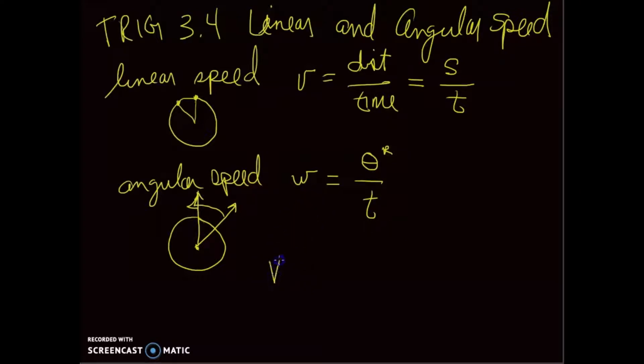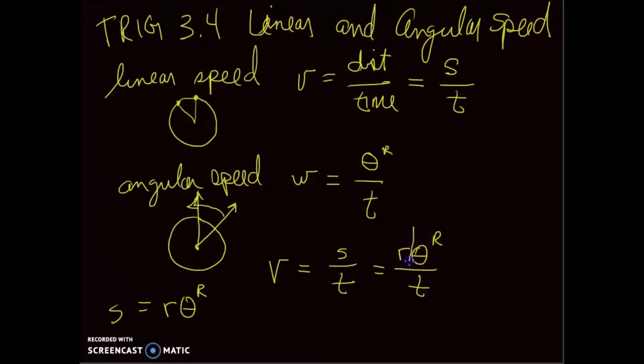Because this velocity, linear velocity, is s over t, and remember s, this is one that we should keep in mind, equals r theta. Here theta must be in radians. So s is r theta in radians over t.